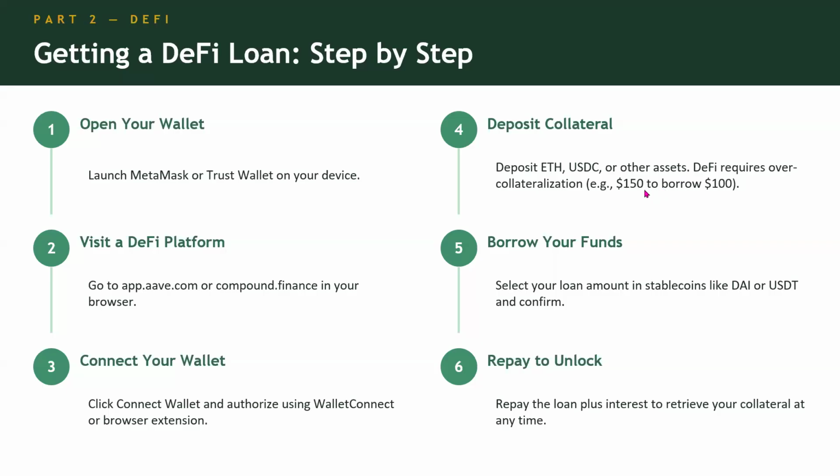But for those that have that type of money and have been blocked out of getting a loan, here's your way to get that loan. Now, borrow the funds. Select your loan amount in stablecoins like DAI or USDT and confirm. Then you hit repay to unlock. Repay the loan plus interest to retrieve your collateral at any time.